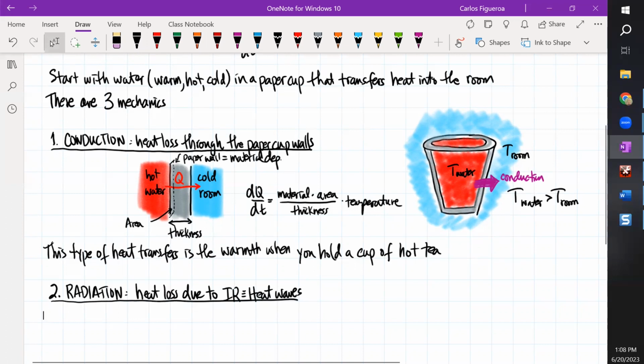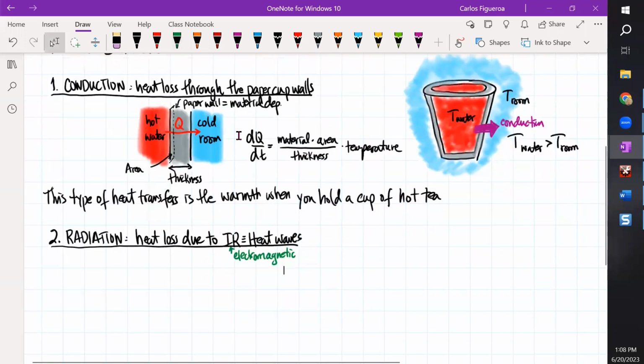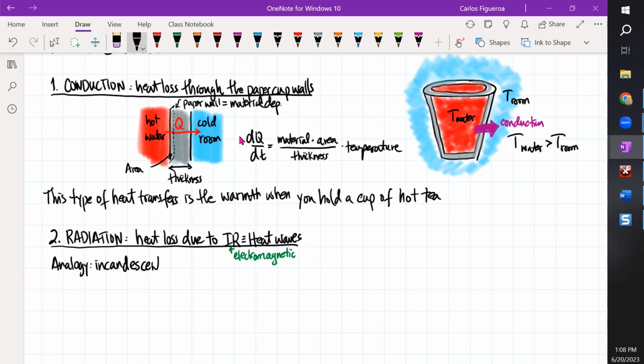Now, I said infrared, but it's really any electromagnetic waves. Okay, infrared is just one of the types of them. So as an analogy, to give you a sense of what's going on, we have an incandescent bulb. These are the light bulbs that people want to get rid of.